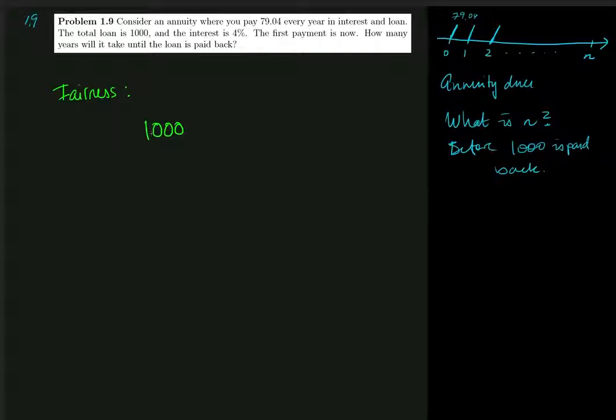So 1,000 is our benefit at time 0. Then our contributions are these 79.04 each year for an unknown number of years. So the value of our contributions at time 0, including the contribution at time 0, is 79.04 multiplied by the present value of an annuity due at time 0, and that value is given by a-double-dot n.